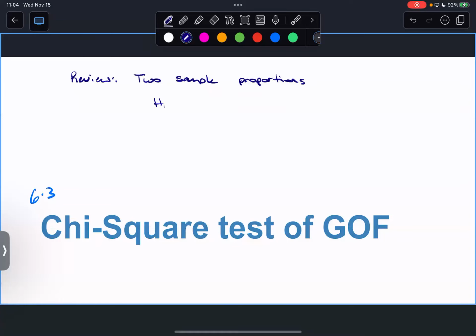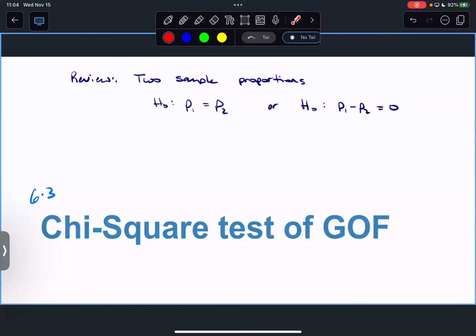The null hypothesis can either be P1 is equal to P2, that's the one I prefer for myself, or the null hypothesis could be P1 minus P2 is equal to 0. This one is more useful in terms of looking at our test statistic. We're hypothesizing that the difference between these 2 proportions is 0, saying that they're the same.